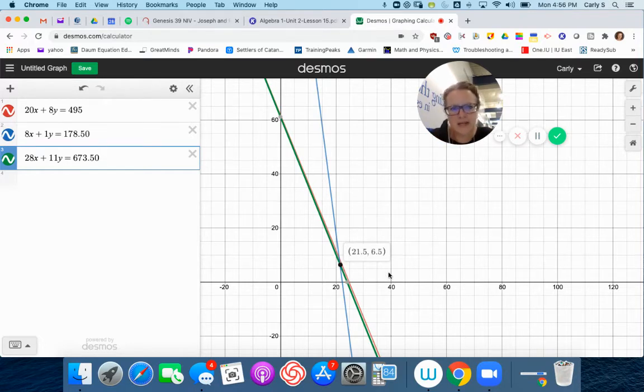Our solution is the same, 21.50 and 6.50. The solution is exactly the same, okay? Because the equations are equivalent. This first equation and the second equation and the third equation are all going to intersect at the same spot. Adding these two equations together for a third equation does not change anything.